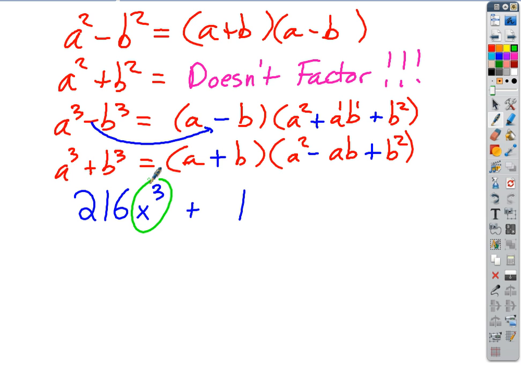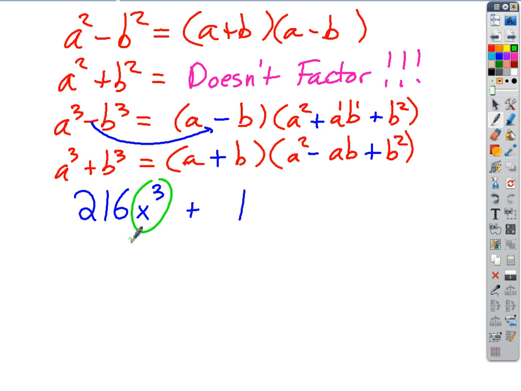X cubed could not conveniently be expressed as x squared, and even if it could, there's no factoring pattern for that. So the only pattern we have for something plus something is a cubed plus b cubed, and that's what matches the exponent of x anyway.